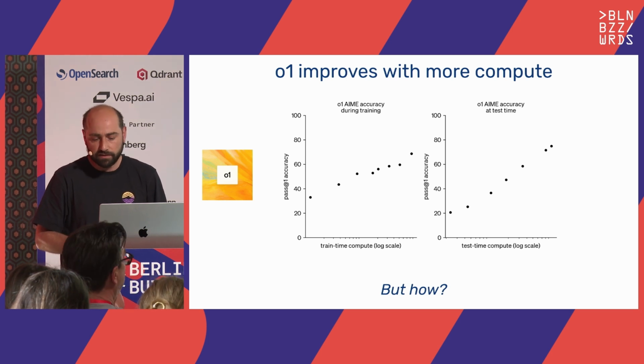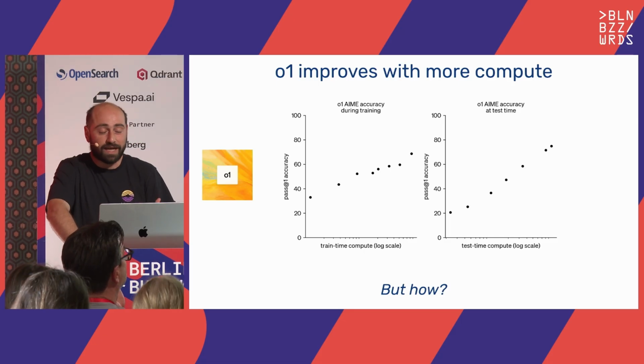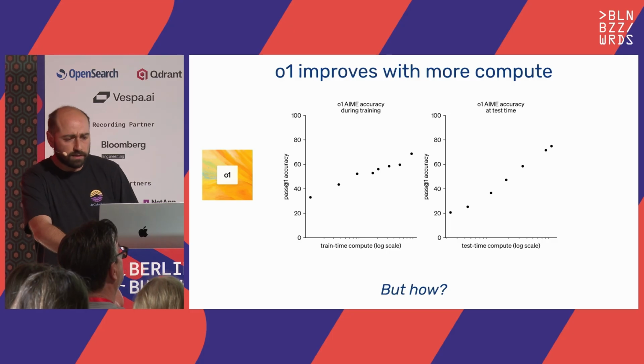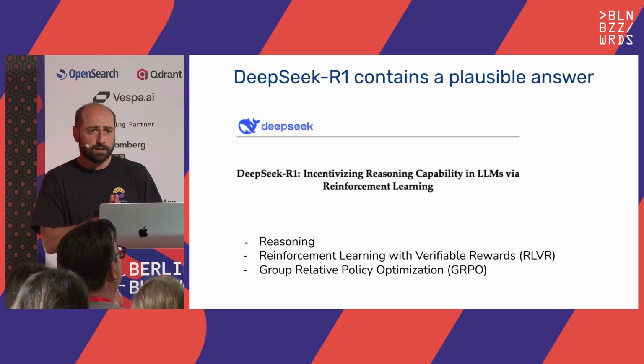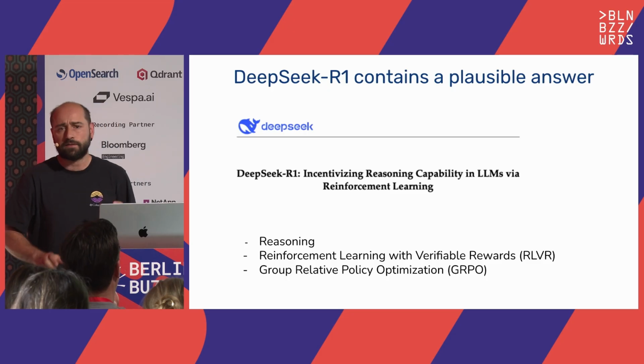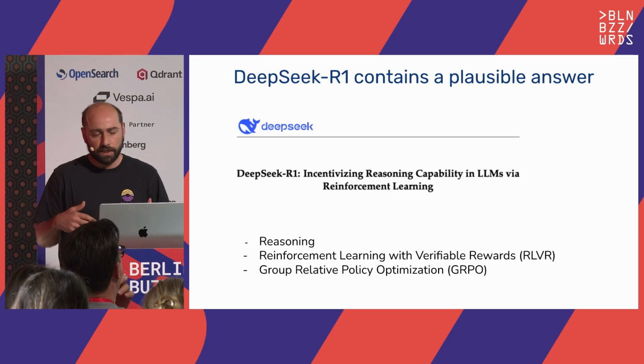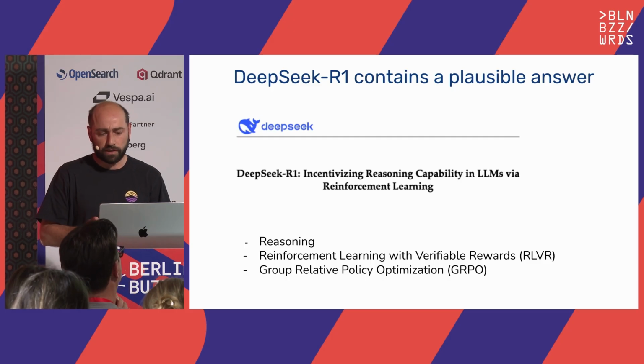But they did not express details on how they actually trained the model. Then DeepSeek R1 was released, and it contained a way in which you can possibly achieve the same result. First, they recognized that reasoning, so chain of thought, is important to make the model performance improve on certain tasks.